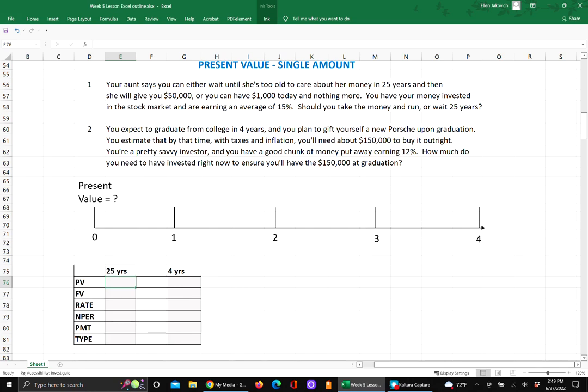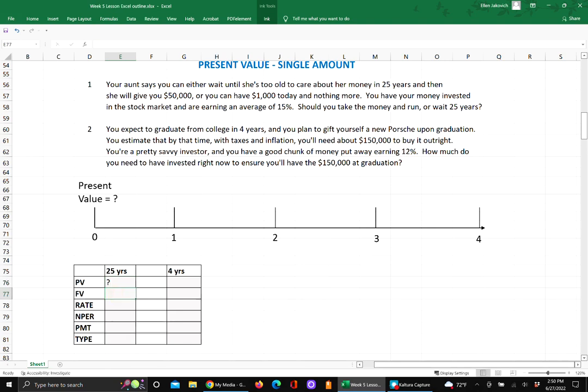But we do have to take that $50,000 and go completely backwards and find the equivalent amount of money in today's dollars versus 25 years from now. So we put a question mark in the PV, because present value is what we're trying to solve for.